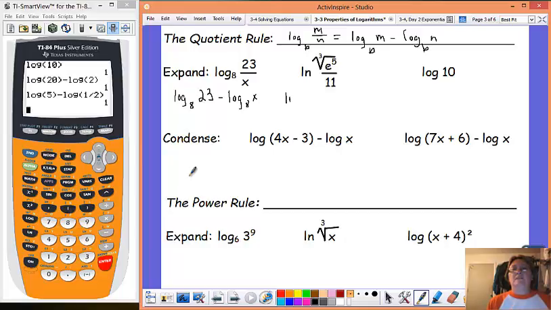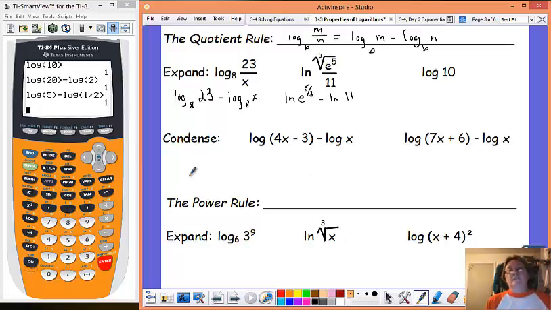It would break out into the natural log of, and I'm going to write this in exponential notation, e to the 5/3, the ratio, minus the natural log of 11. Some of you might be thinking, Mrs. Brownfield, I think you can simplify that, but I'm going to say we're not quite ready for that yet. We will be in just a minute though.